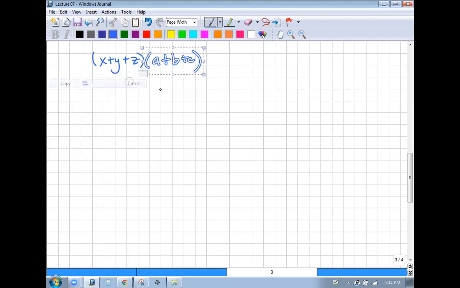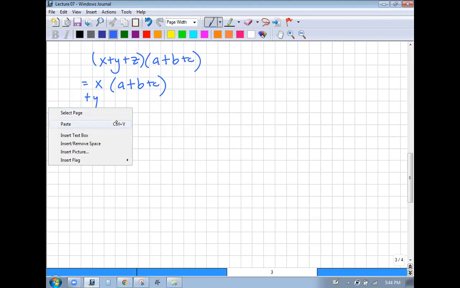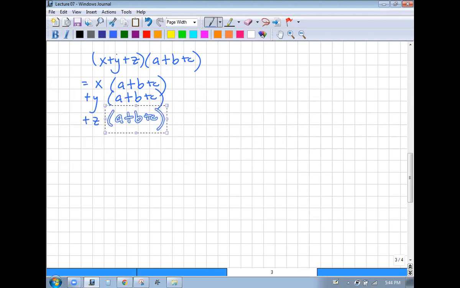All of this is just the distributive property. What do we have here? We have an x times all this stuff, and then a y times all this stuff, and then a z times all this stuff. The distributive property: x times that, y times that, z times that.